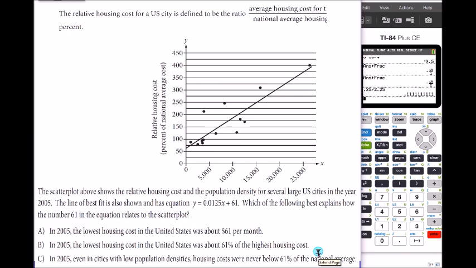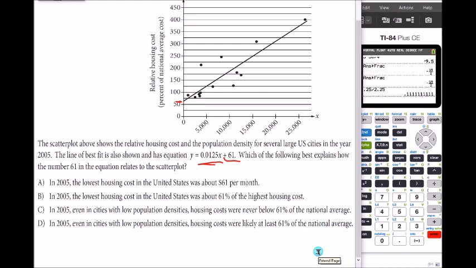The line of best fit is also shown and has the equation y equals 0.0125x plus 61. So this is 61 here, and that's the rate of change. Which of the following best describes the number 61 in the equation related to the scatter plot?